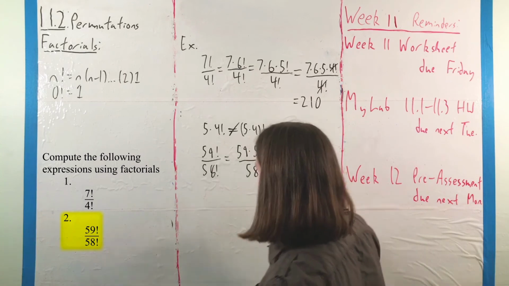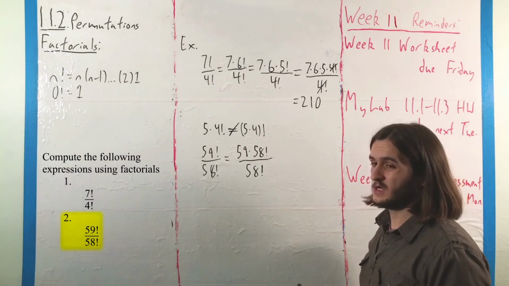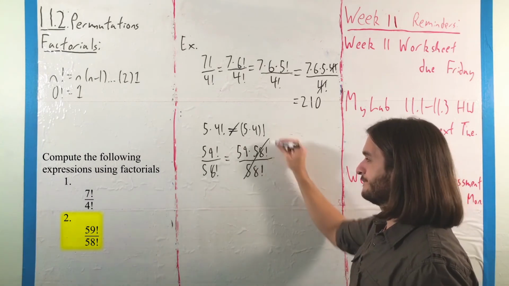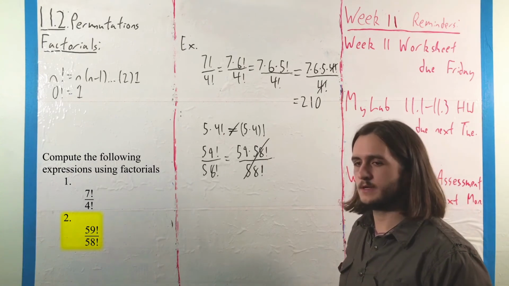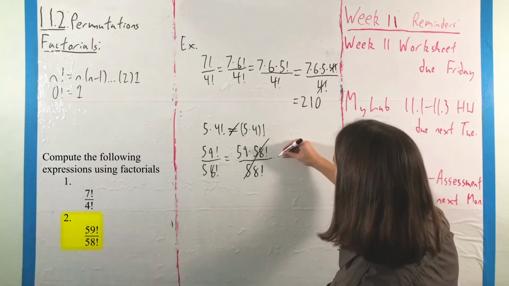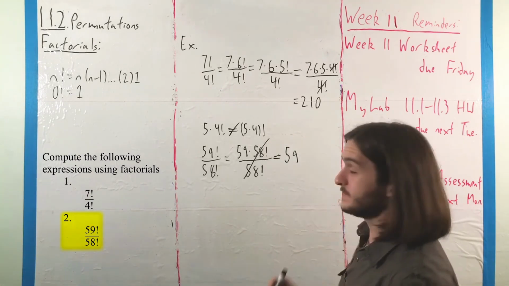And since we're dividing by 58 factorial anyway, the vast majority of what would be a problem here gets killed off by a little bit of algebraic convenience, and all we're left with is just the value 59.